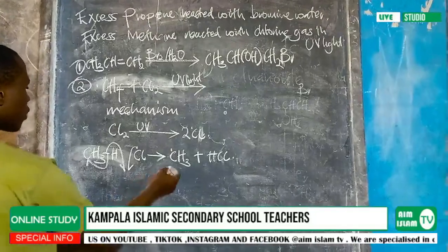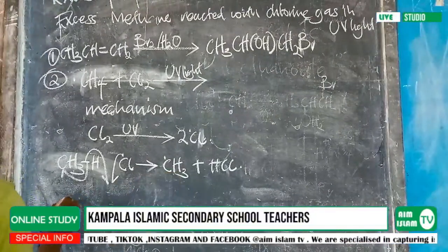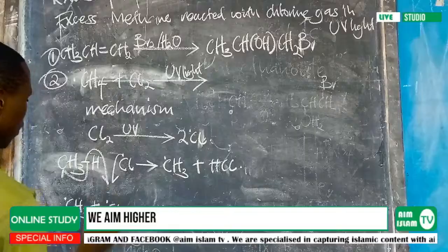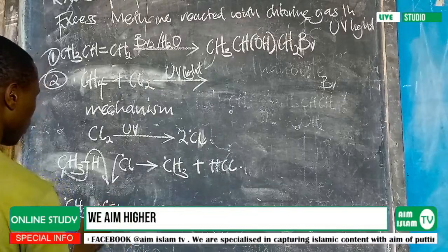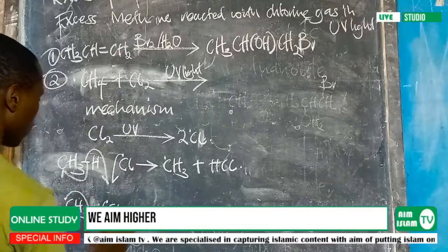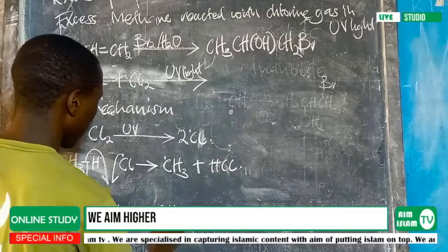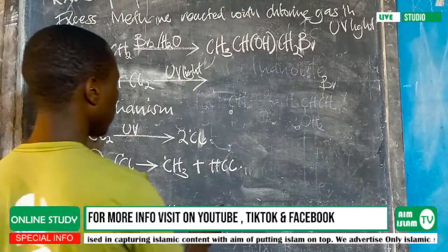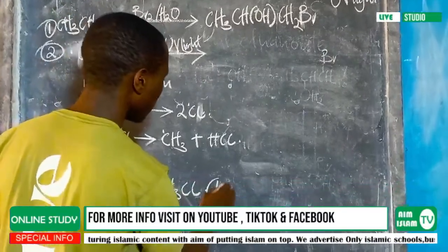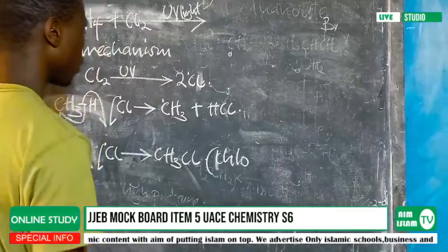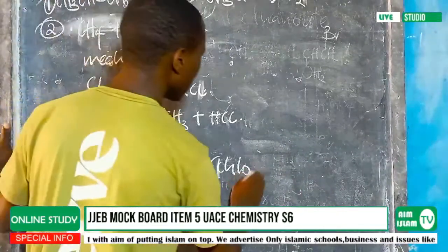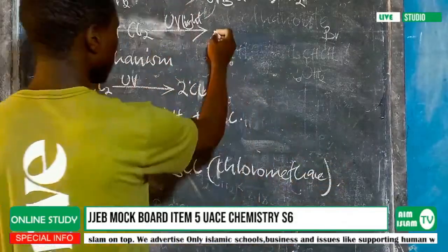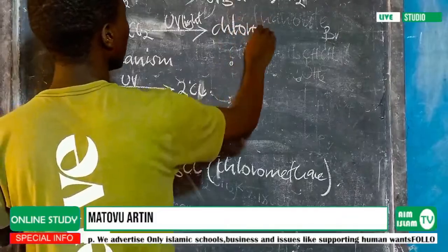Then also this methyl radical reacts with the chlorine radical, such that we obtain our one chloromethane, and it is the only compound that we are going to form. It is simply added to one carbon atom which is existing in the molecule, so it is called chloromethane.